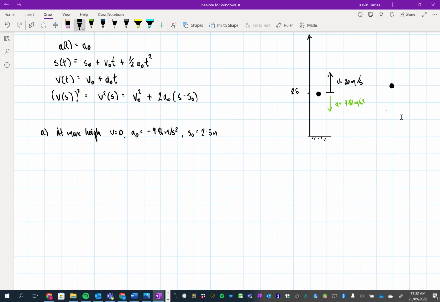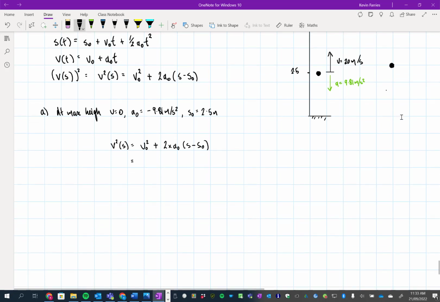So therefore, we're going to have the velocity squared at a given distance is just equal to initial velocity squared plus 2 times the acceleration, which is constant for all of this theory. Acceleration has to be constant. Displacement minus initial displacement.